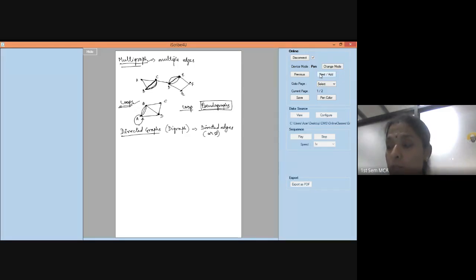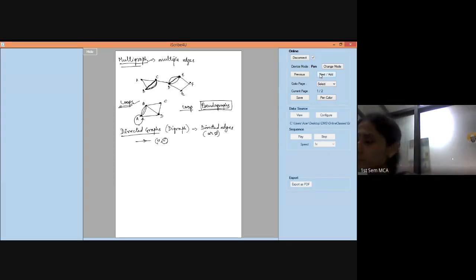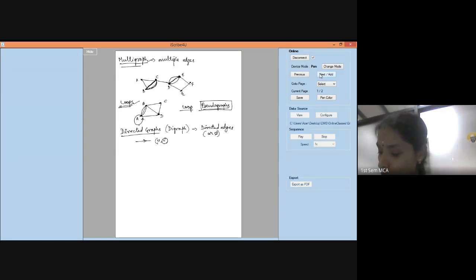That means every edge will have an arrow or direction which indicates where that particular edge starts and where it ends. For example, if I say (U, V), that means the edge starts at U and ends at V. Suppose I'll take an example here.